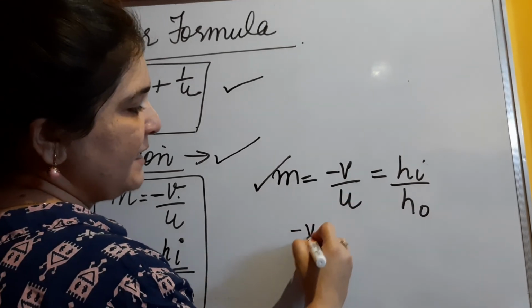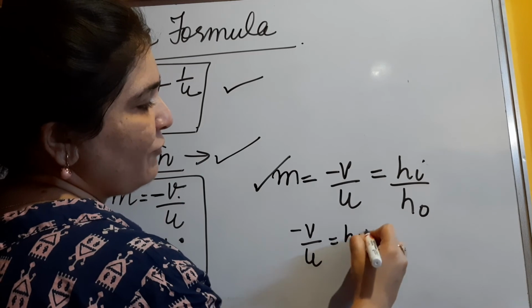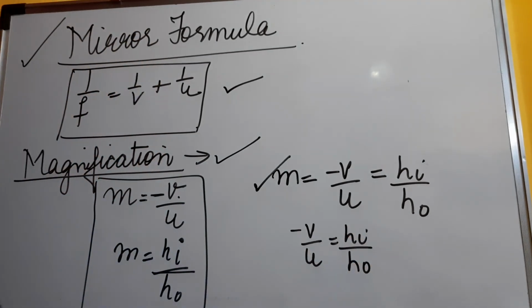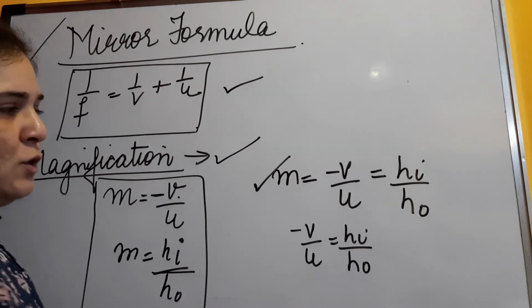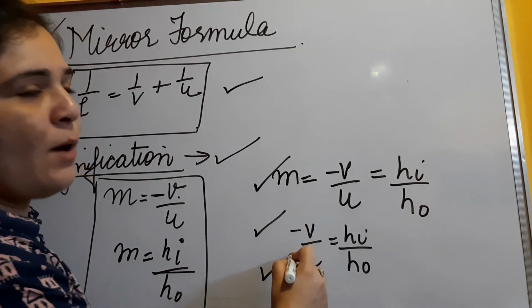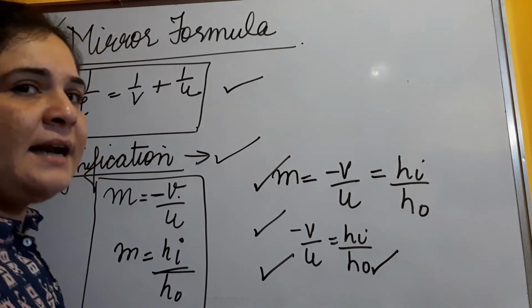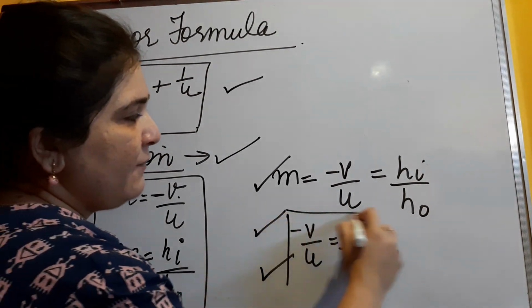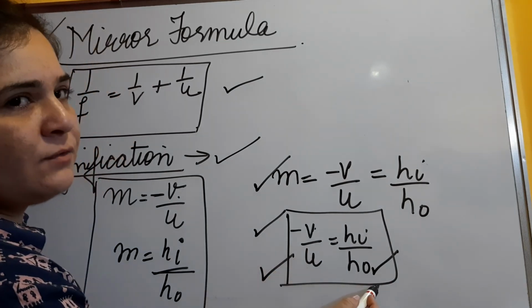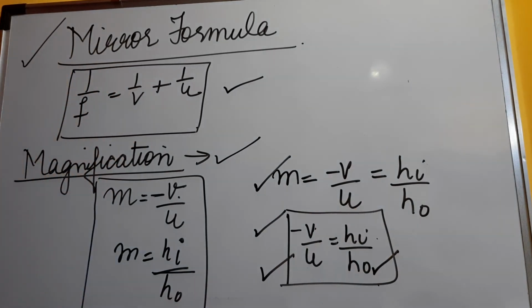In which cases will you use them together? Suppose v is given to you, u is given to you, height of object is given to you, and the question asks you what is the height of image. You will use them collectively like this. So you have three quantities with you, and you get the height of image through this formula. So on the basis of the mirror formula and magnification, all your numericals will be based. Thank you.